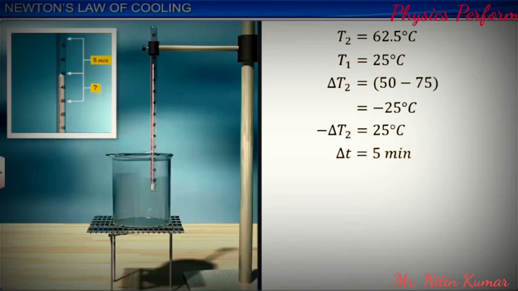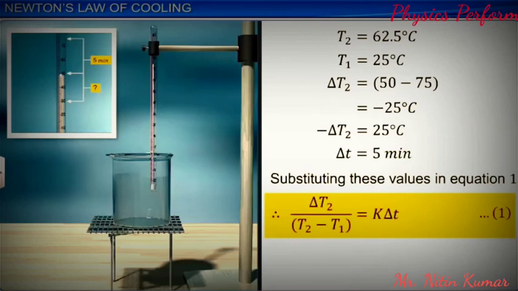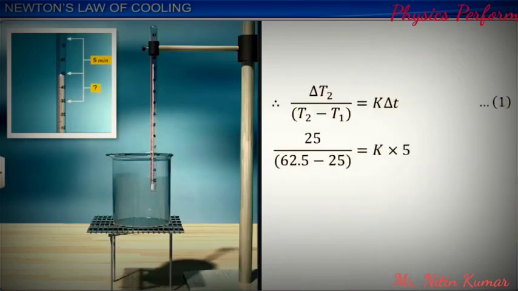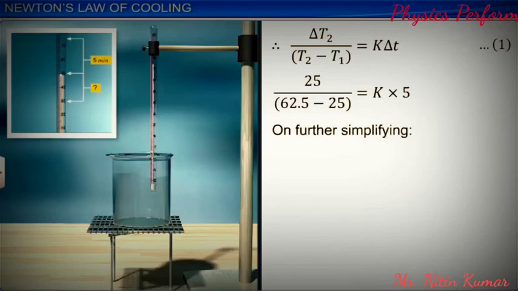Substituting these values in equation 1, we get 25 by (62.5 minus 25) is equal to K into 5. On further simplifying, we get K is equal to 5 by 37.5.